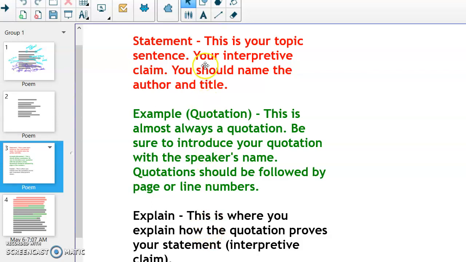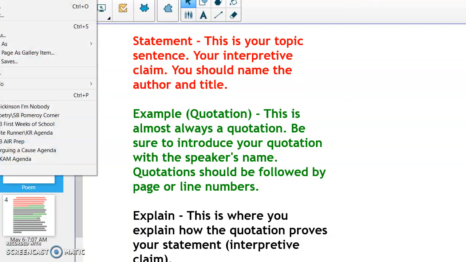Just because there's 3 parts, by no means does this simply mean 3 sentences. There's just 3 components to your written analysis. All of this is so important to me that if you don't include a quotation, even though the rest might be spot on, you're looking at a 76% typically. So make sure you include those quotations.